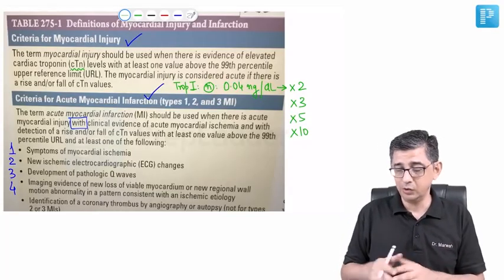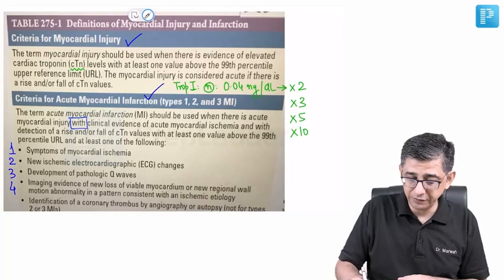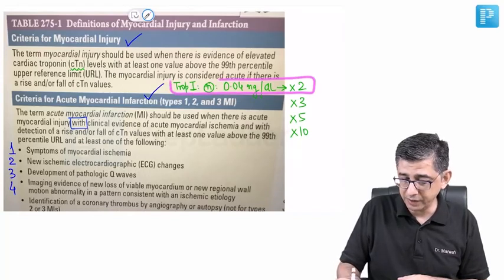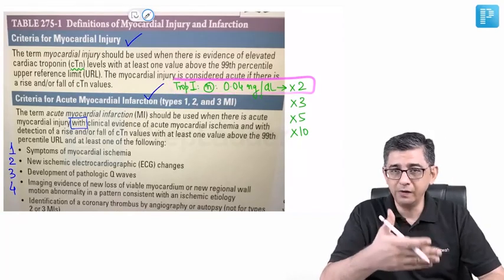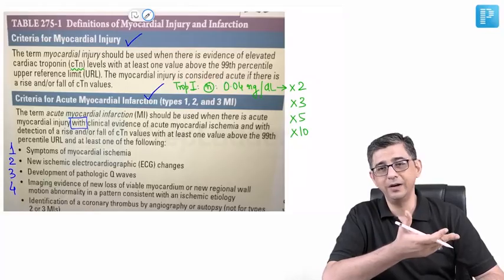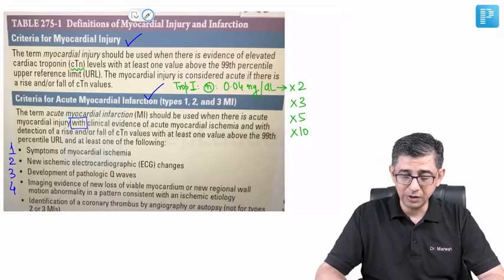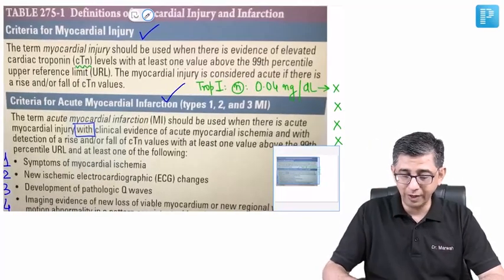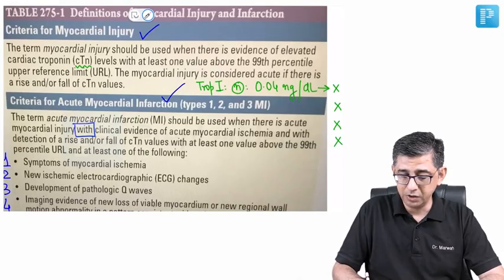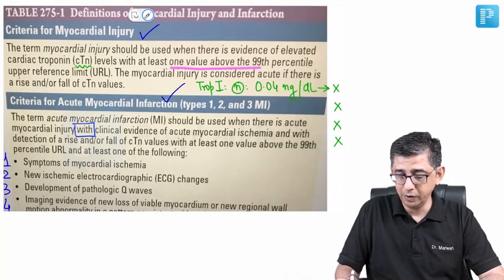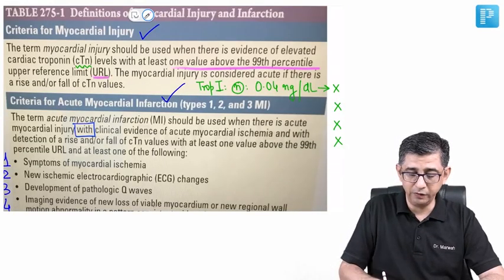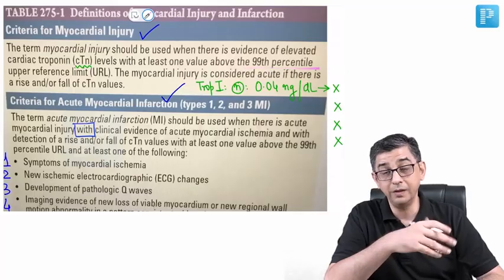In the MCQ, to make this sound a little sophisticated, I told you the simplified version: once the troponin I values show a doubling, that indicates an MI. In a multiple choice question, he will write this statement, which I'm highlighting: troponin I values above the 99th centile of the upper reference limit. I repeat that again.